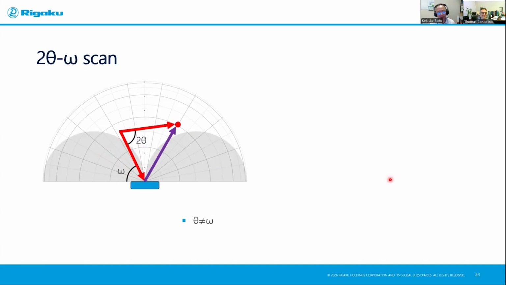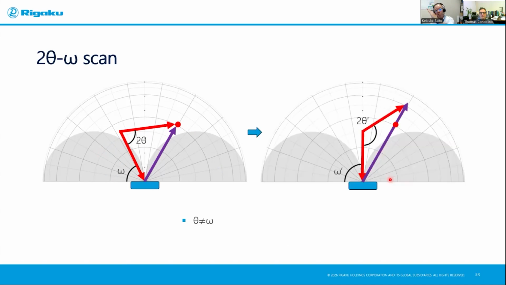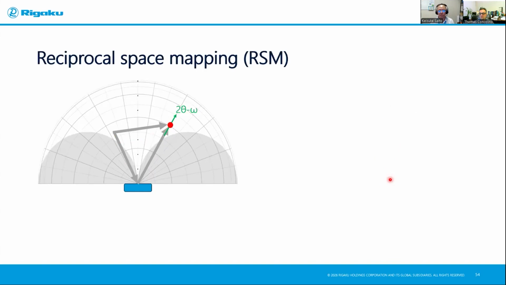All right, what about 2 theta omega scan? Omega could be different from half of the 2 theta, which means the Bragg angle theta. That's why you can tilt the scattering vector. If you do a 2 theta omega scan, the purple vector is again moving along the radial direction, but in a tilted direction. That's the difference between 2 theta theta and 2 theta omega.